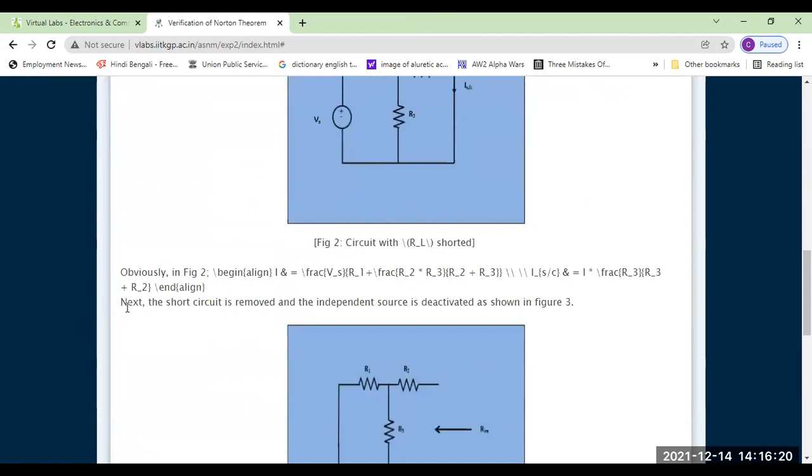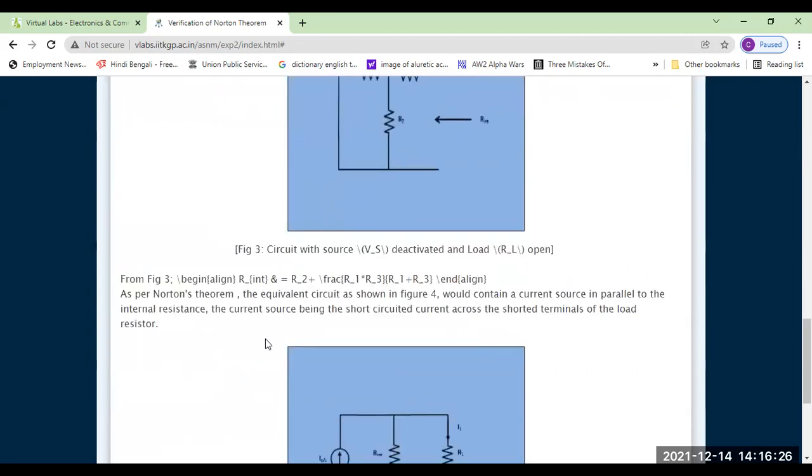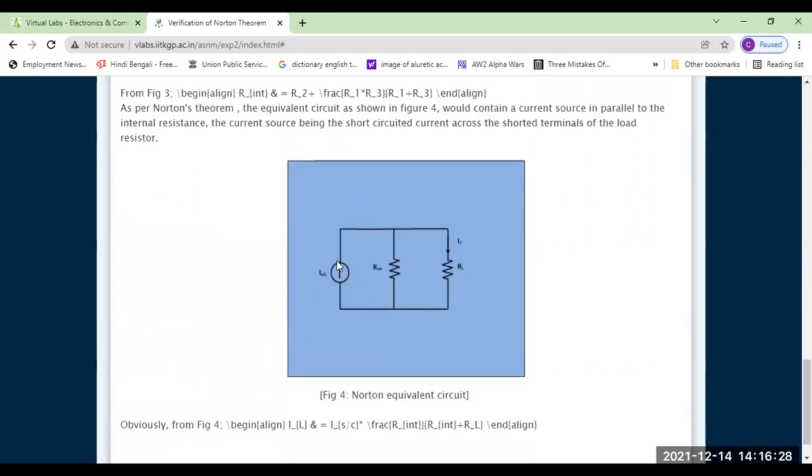Again, you can see the short circuit current, and this is the internal resistance RINT, in parallel with the current source. Then we can again apply this load resistance and find the current through it by applying the current division rule.